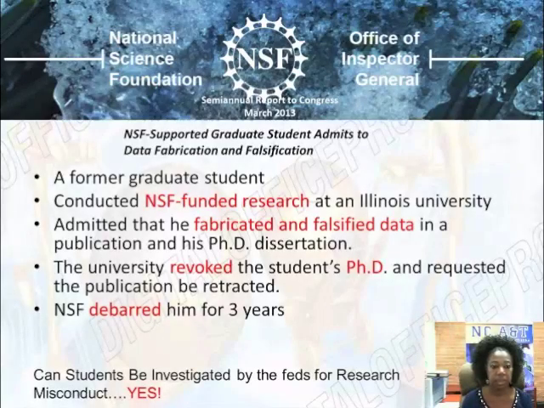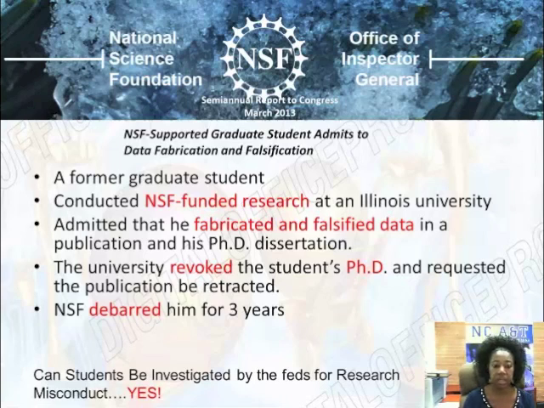Next, we will discuss a case from the National Science Foundation's semi-annual report to Congress. This was the March 2013 edition. The headline read in the report, NSF-supported graduate student admits to data fabrication and falsification. This was a former graduate student, not current to the university involved.